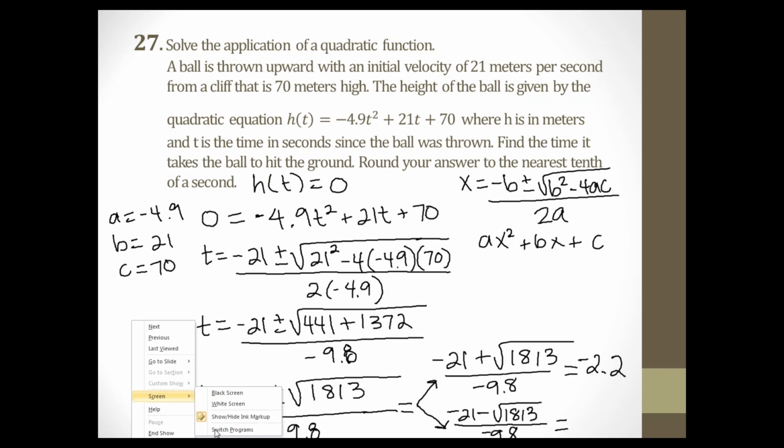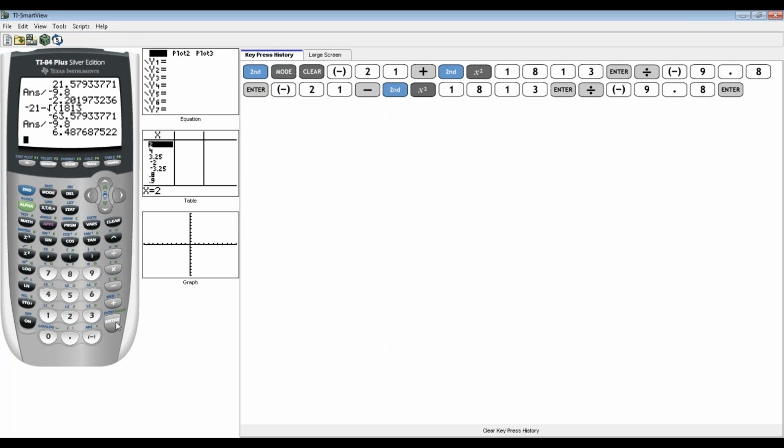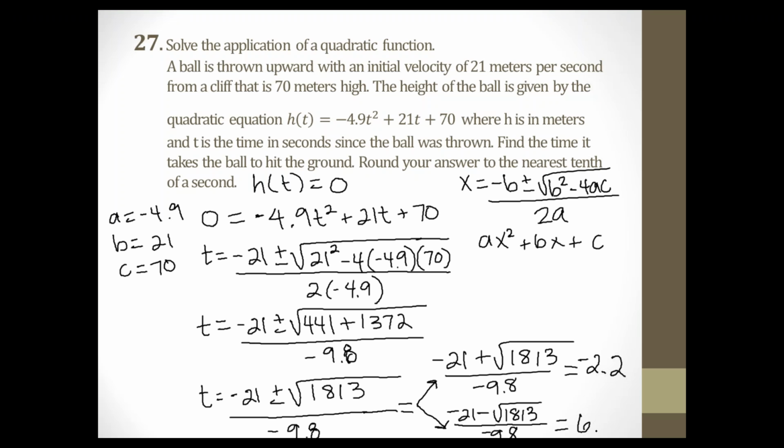Negative 21 minus the square root of 1,813 equals, that's my other numerator, and I want to divide that by negative 9.8. That's going to give me positive 6.5. So positive 6.5, and we are approximating. That's what that little squiggly line is.